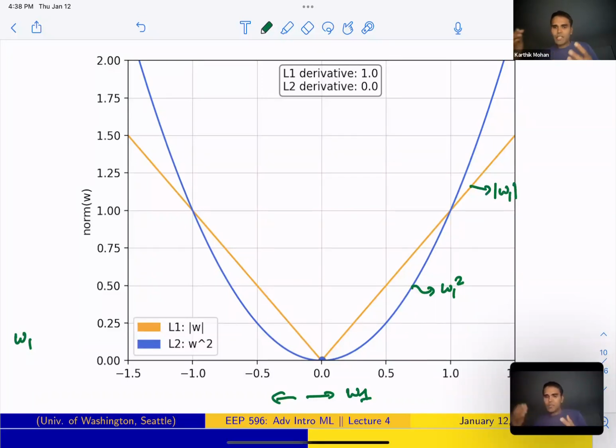When I try to minimize the L1 or L2 norm, the L2 norm has a high penalty when I'm far away from 0, so it's even higher than L1. But as I approach 0, the L2 norm is lower than the L1 norm. So it's not putting so much penalty on it. But L1 keeps driving it back to 0.